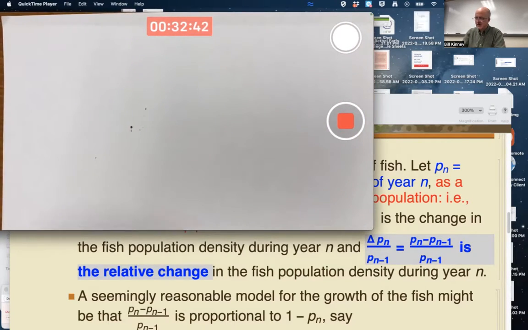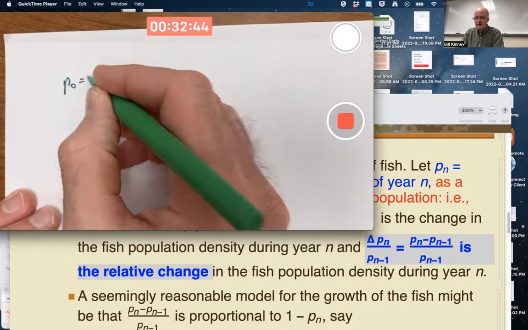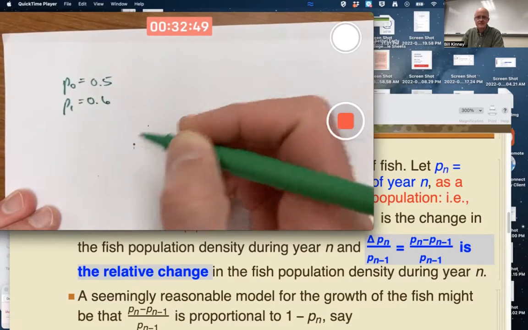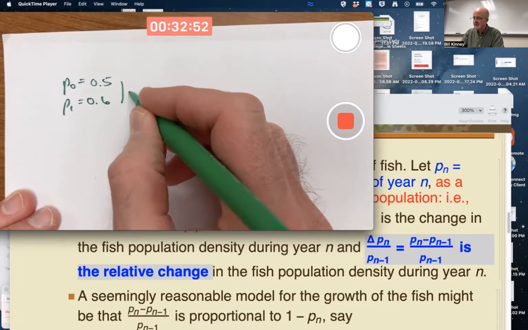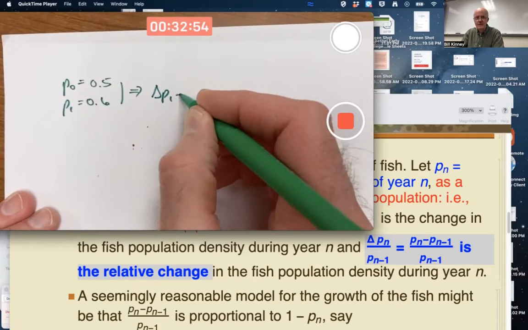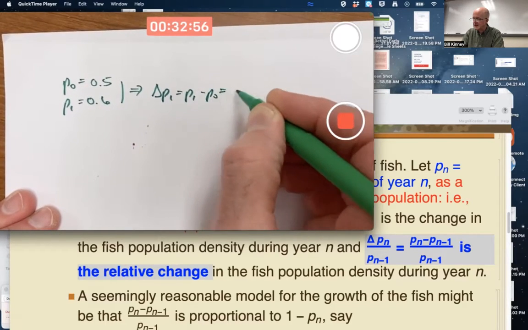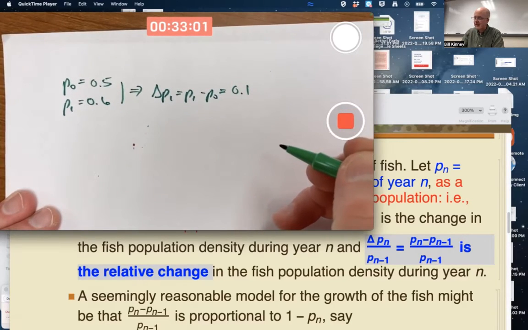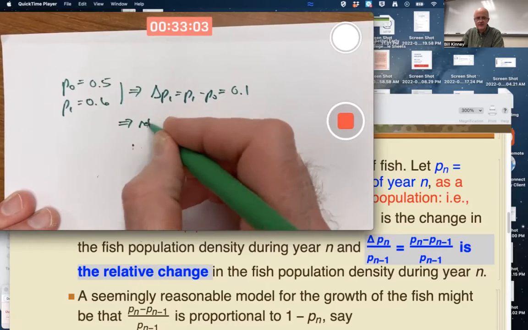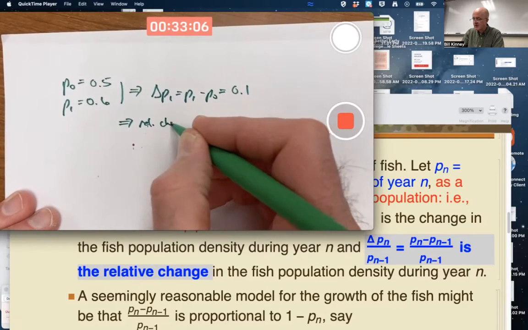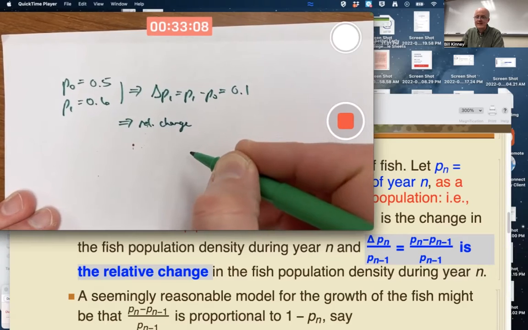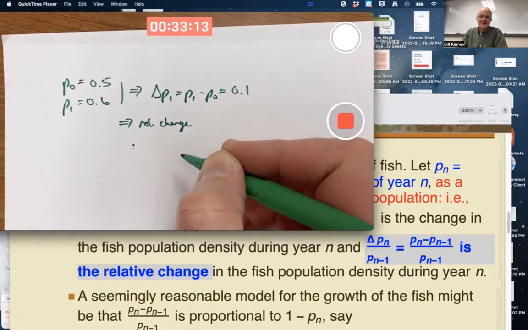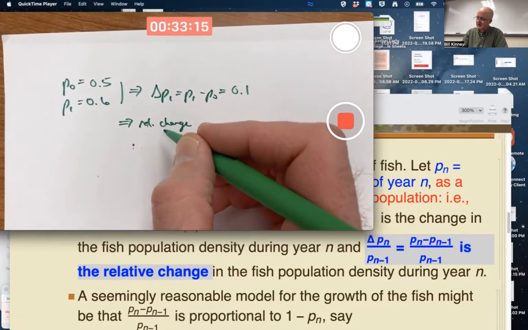If P_0 is, for example, 0.5 and P_1 is 0.6, that implies delta P_1, which is P_1 minus P_0, is 0.6 minus 0.5, which is 0.1. And that would imply the relative change in the density, which you could call, yeah, I probably should have called it a relative rate of change.